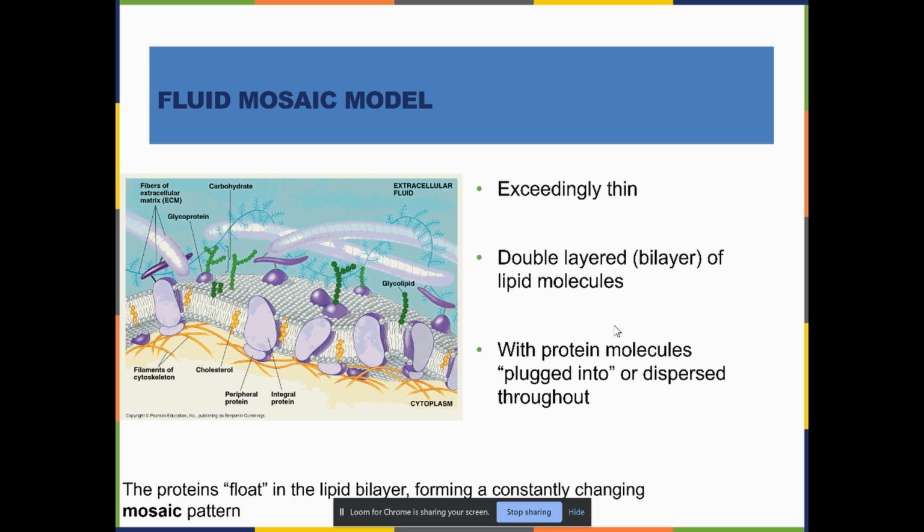Not only do we have that double layer of phospholipids or a bilayer, it's also exceedingly thin. So it's a very specialized, fragile structure, and it really does rely on everything inside and outside of it, as well as embedded protein molecules that are plugged into it, to make sure it works like it's supposed to. Not only is the plasma membrane a great barrier, not only is it protective, but it's also selectively permeable and helps the cell traverse its environment.